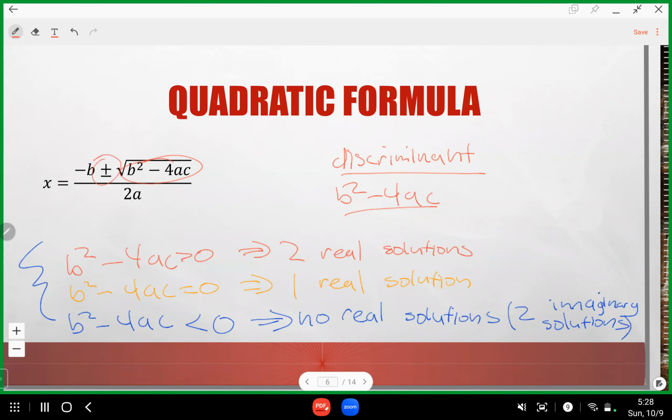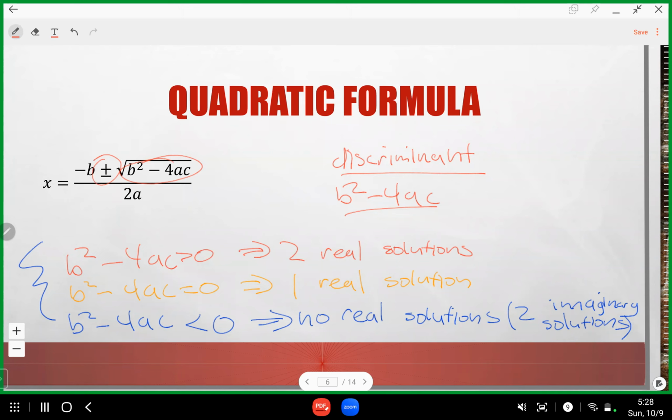Could you tell me why b squared minus 4ac equal to 0 only has one real solution? Is it because the square root of 0 is 0, and that number plus 0 and minus 0 is still that number? Exactly. Very good. So if the discriminant b squared minus 4ac is equal to 0, then it's just the square root of 0.